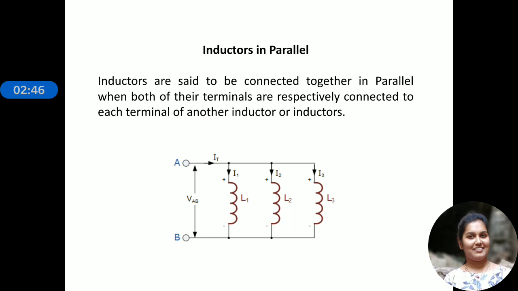Loosely coupled means there will be zero mutual inductance developed between the coils which are nearby.